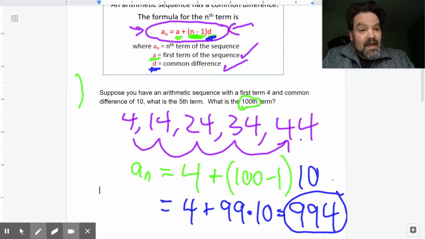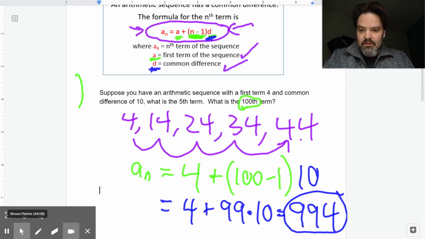I just subtract 1 from the term that I'm looking for. If I'm looking for the 50th term, I multiply by 49. If I'm looking for the 817th term, I would multiply by 816 times the common difference and then add the starting term.